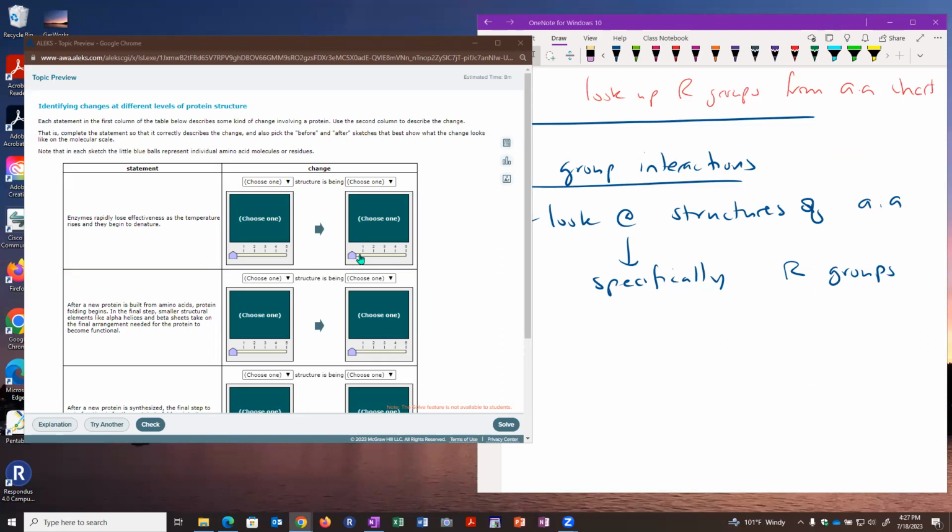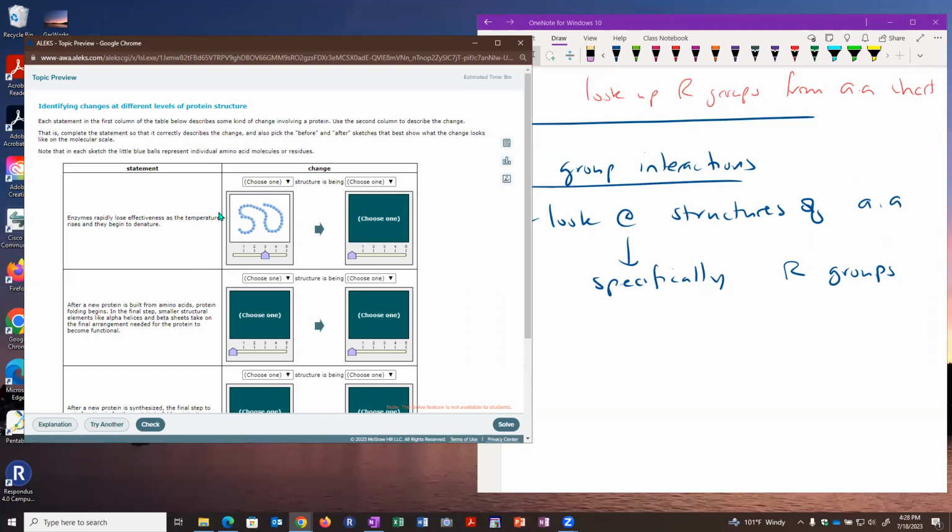And there are different levels of protein structure, as you will learn or have learned in this particular section. So we're given a statement. We need to decide what level of protein structure is being created, destroyed, etc. And we also need to use our little slider here to diagrammatically show those changes.